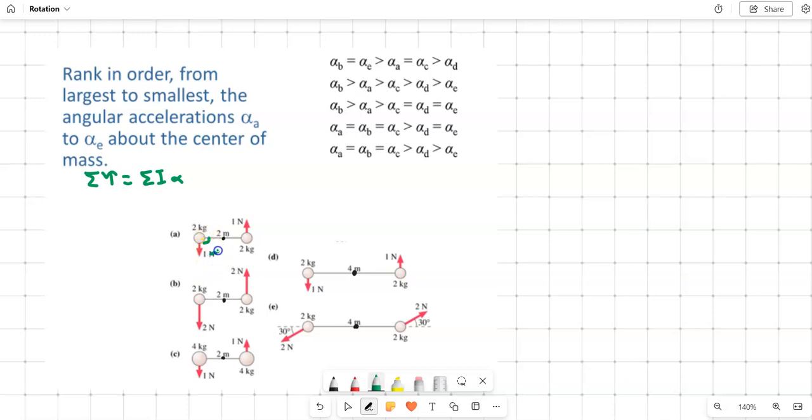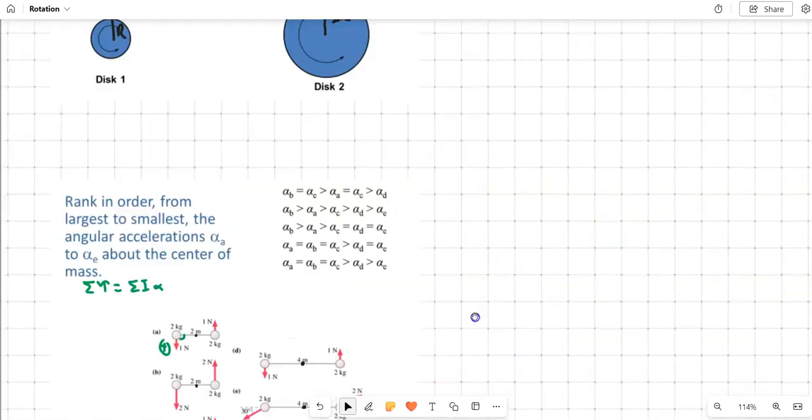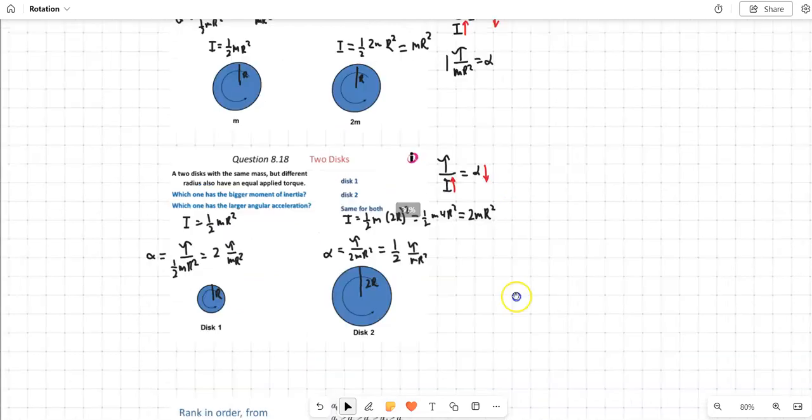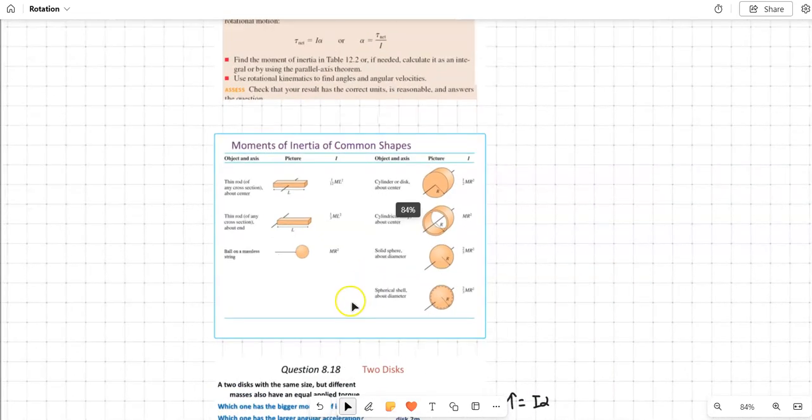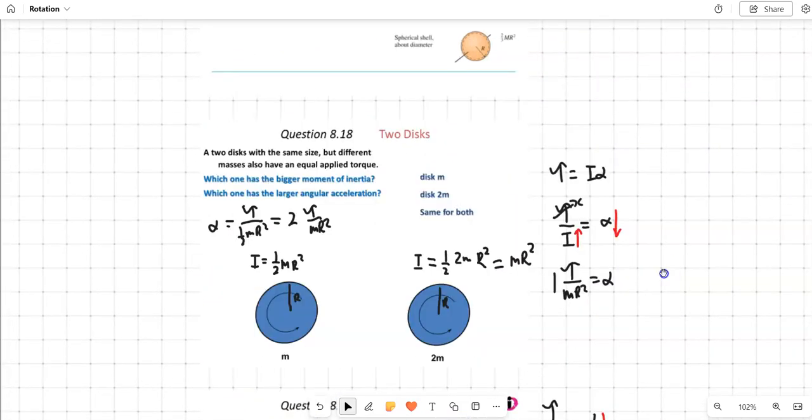This is going to result in a positive torque, and they give you the force down. The force is 1 Newton, and this is a 2 kilogram mass. So when we need to do this problem right here, we're going to look up the moment of inertia for a ball on a string, which is mr squared.